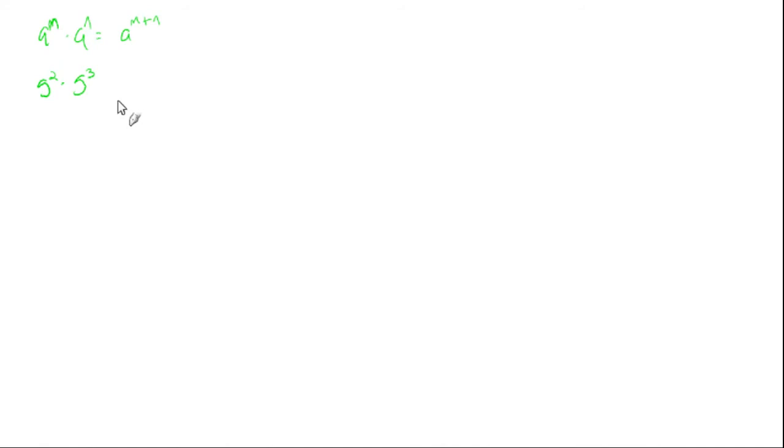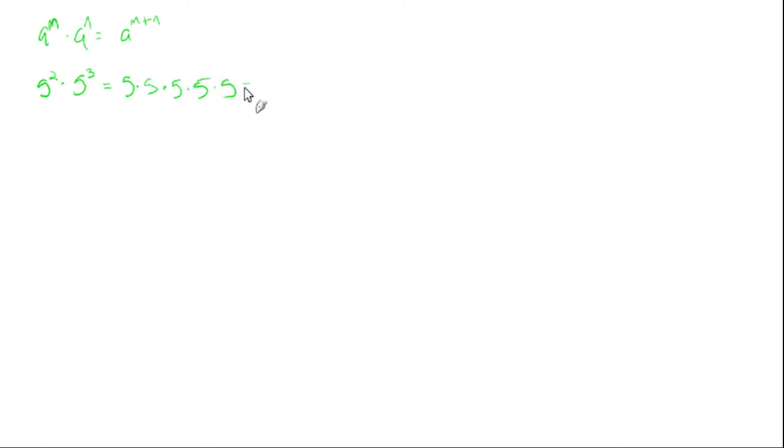Okay, how could we simplify this? The reason why it winds up being the way that it is, and it just kind of will help us see that it makes sense by doing this. 5 squared means 5 times 5. Then we're going to multiply that by 5 to the third, and 5 to the third means 5 times 5 times 5.